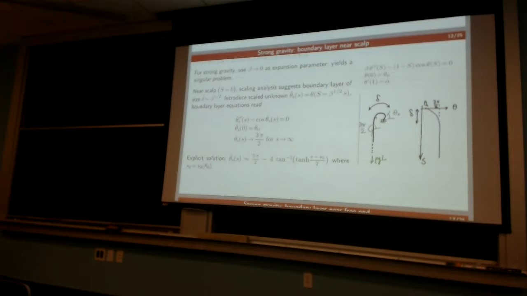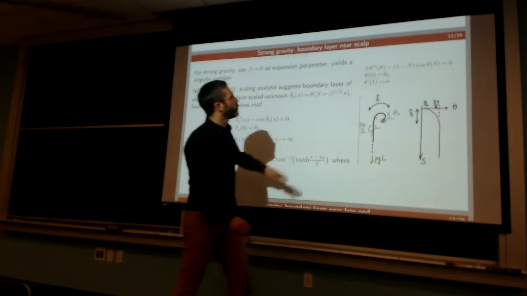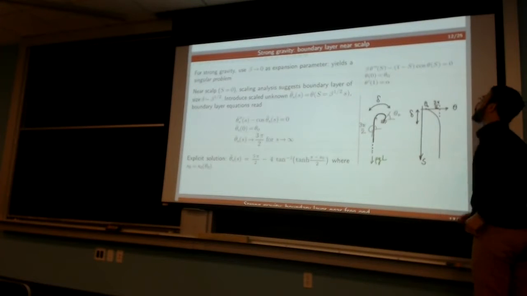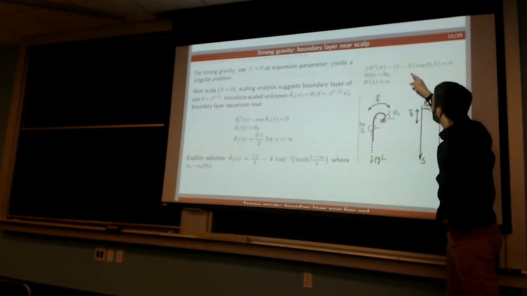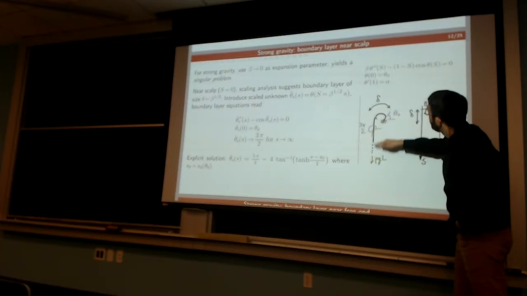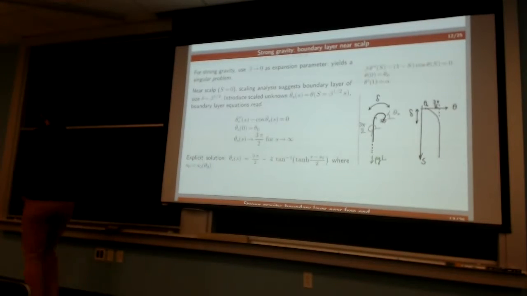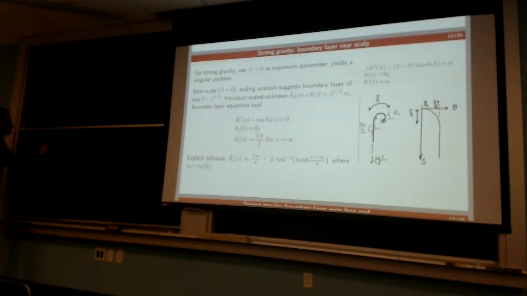And the second term would be, so that's the weight, right? So this is the weight of the entire structure in our dimensionless variables, and that's the weight of any part that's below a given point, but S is small. So I'm going to assume that delta is small, and I'll check that it's consistent later. So I can just approximate 1 minus S by 1, and I'm left with cosine theta.